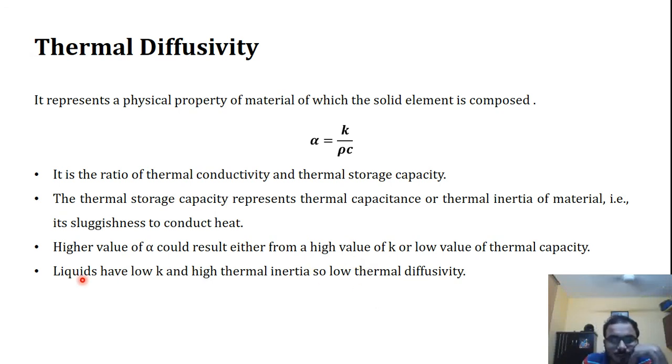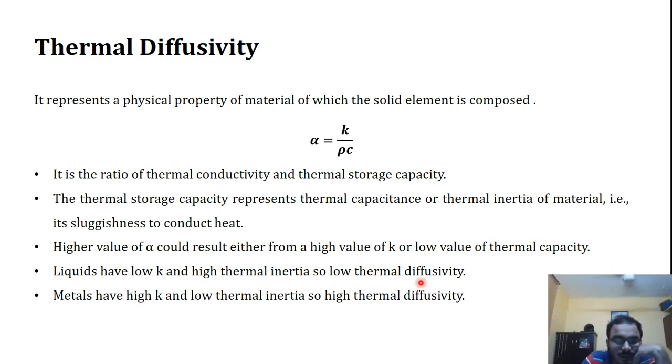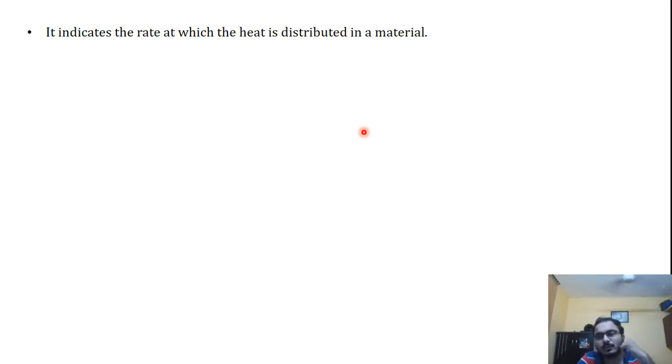So the value of alpha for liquids is less. And in case of metals, the value of K, that is thermal conductivity, is high and low thermal inertia, so thermal diffusivity is higher in case of metals. Now it indicates the rate at which the heat is distributed in the material.